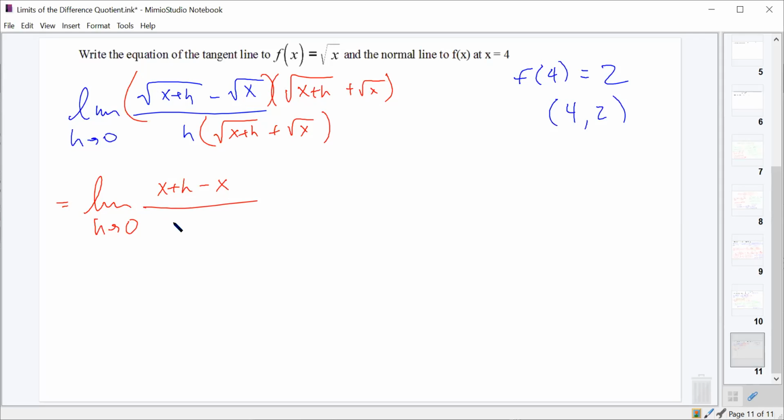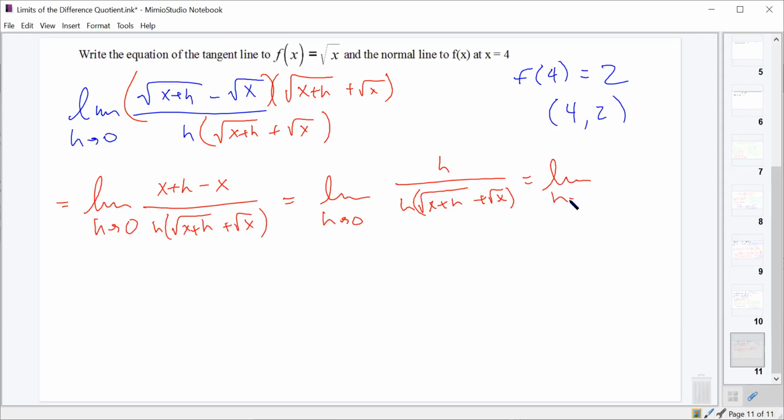All over h times root x plus h plus root x, which simplifies down to what? Just an h up there. Which gives us the limit as h approaches 0 of 1 over root x plus h plus root x.